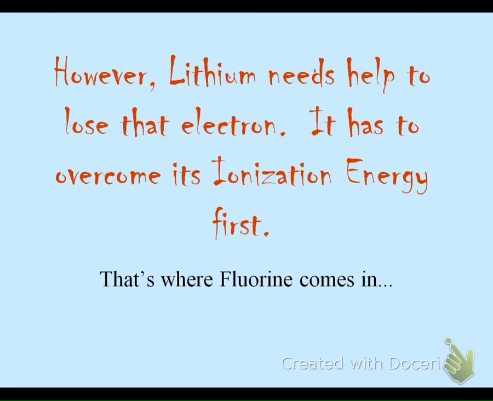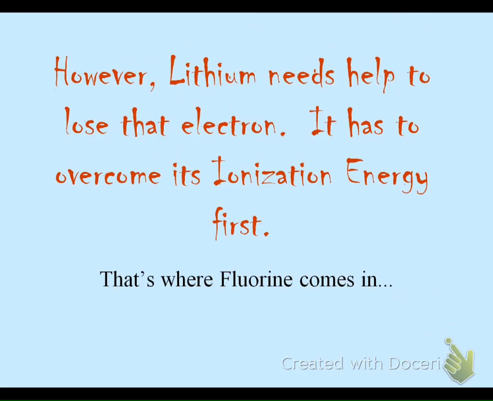The lithium atom is not inherently stable. Electrons don't just go flying off on their own. They have to be teased away. They have to have their ionization energy conquered, if you will. So lithium needs help. A more electronegative element is going to supply that help, and fluorine is an example of an element that can do that. Fluorine is a little bigger atom.